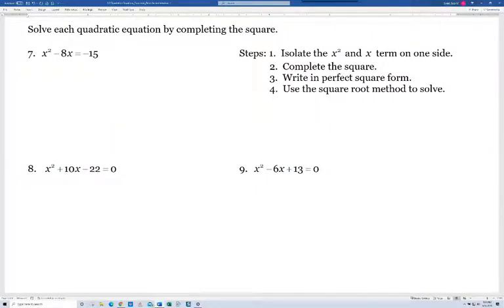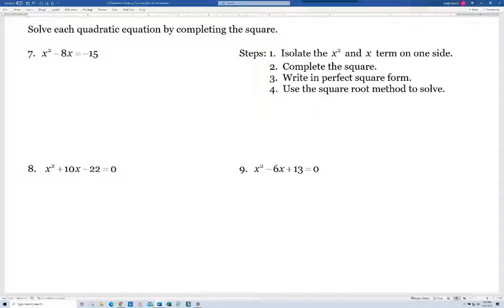Now I want to point out something. We've already got 2 techniques that we've used to solve a quadratic equation. First, we solved quadratic equations by factoring, and then we were solving quadratic equations by using the square root method. Now on number 7, it turns out we could actually factor this, but that's okay.